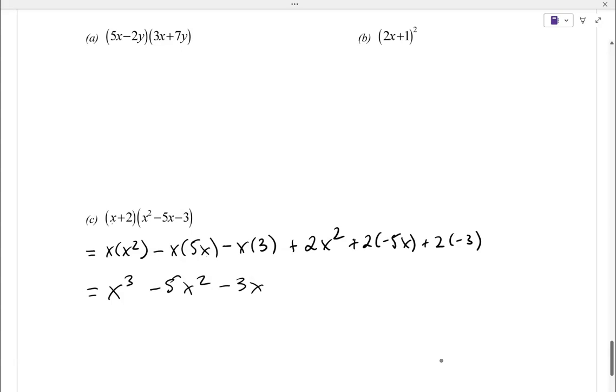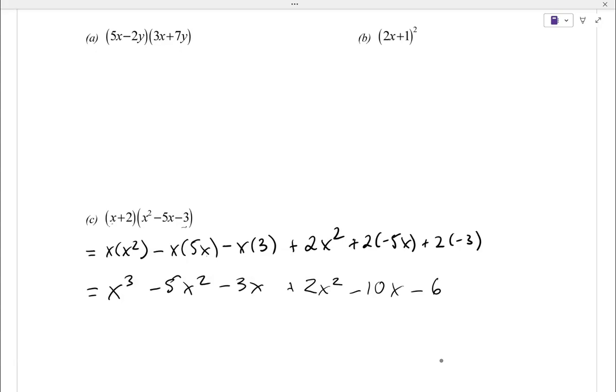And again, it's a minus because we took a plus x and a minus 3. 2 times x squared is just 2x squared. That was pretty easy. 2 times negative 5x gives us negative 10x, and 2 times negative 3 gives us negative 6.